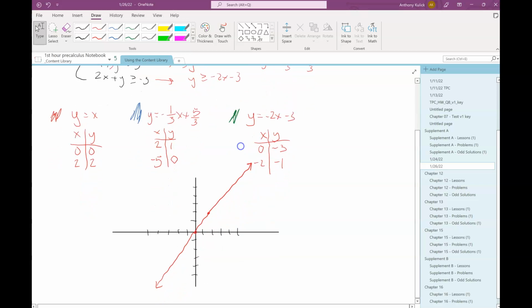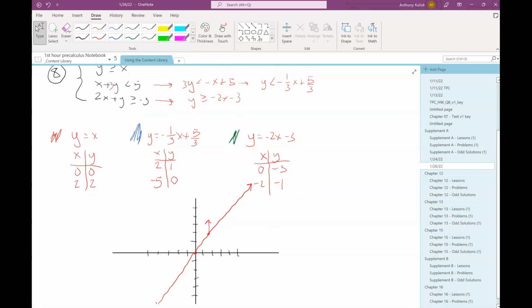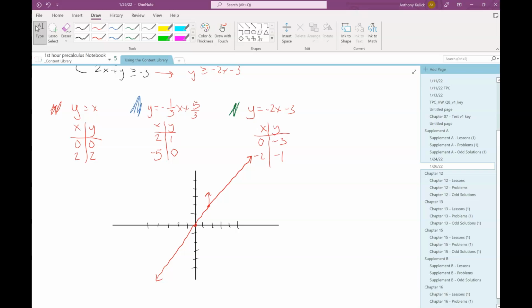And because it's a greater than, I'm going to be shading above, so I'm just going to draw a little arrow reminding myself which way I'm going to do the shading, because I don't really want to draw one shaded region where everything is overlapping. It makes life easier.